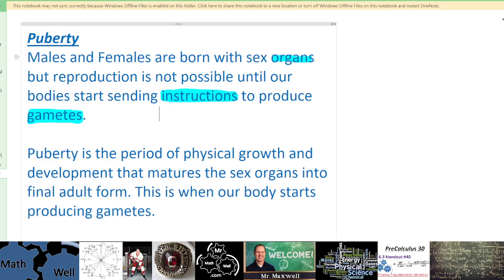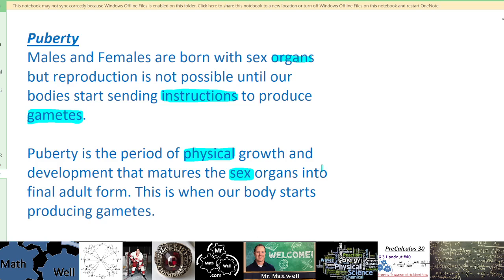The next statement: puberty is the period of physical growth. Obviously you do grow physically quite a bit during this time. And also development in other areas, development that specifically matures the sex organs. We're going to be studying the parts of those reproductive systems that make this possible.